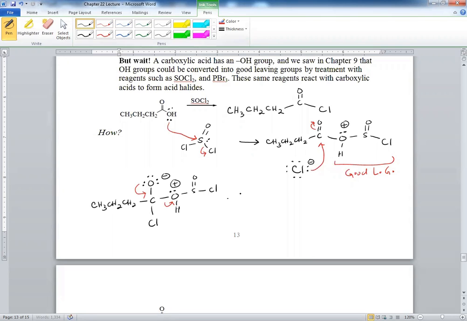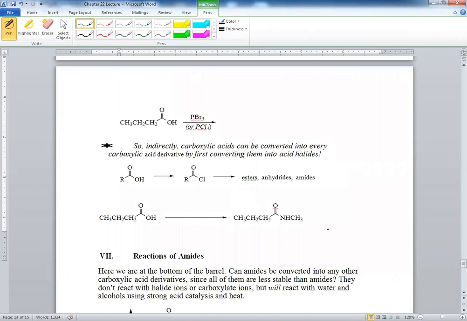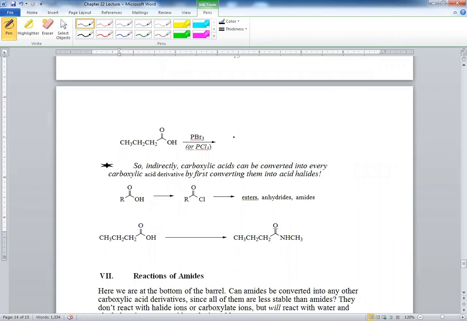And of course, you're forming the acid chloride. So yes, an acid chloride can be made if you use a special reagent, SOCl2. Same thing with PBr3, or even PCl3. So this would easily give you the acid bromide.